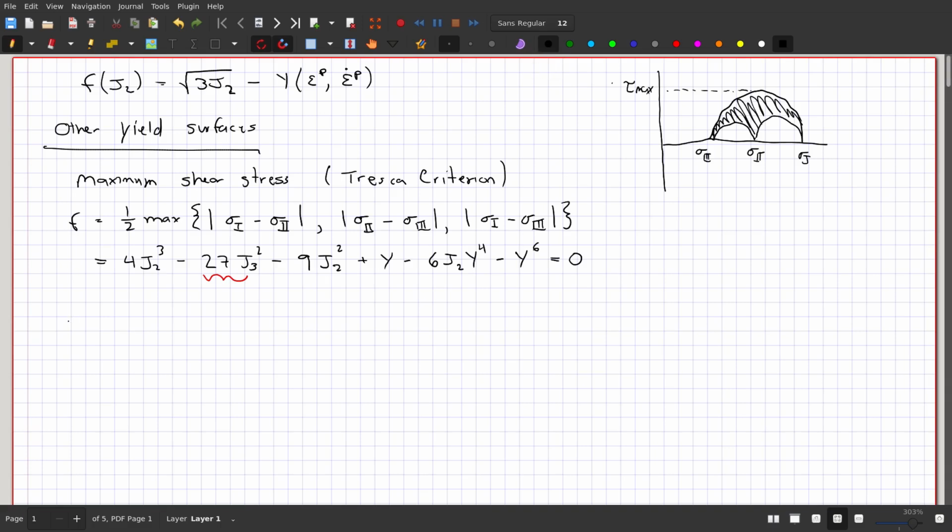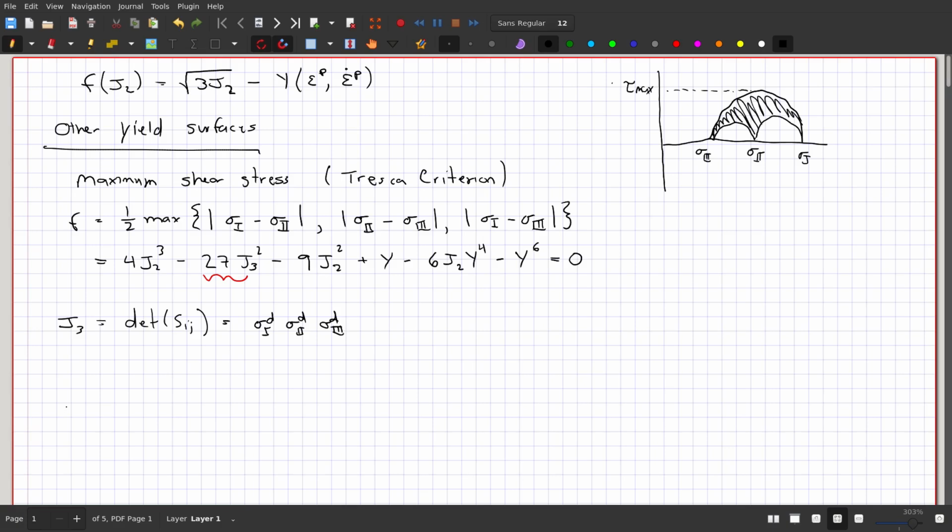So if you remember what J3 is, the determinant of Sij, where the determinant is, if I use this symbol sigma d for the deviatoric principal stress, then it's just the multiplication of the 3 principal stresses.